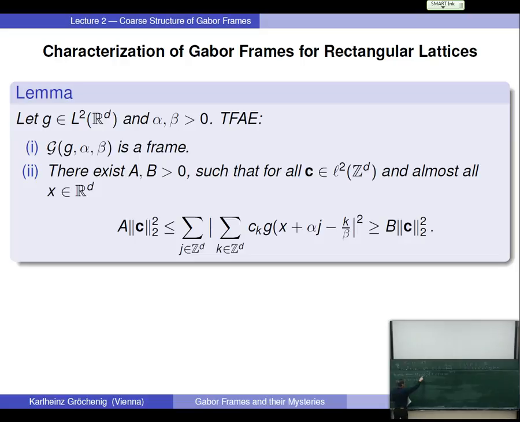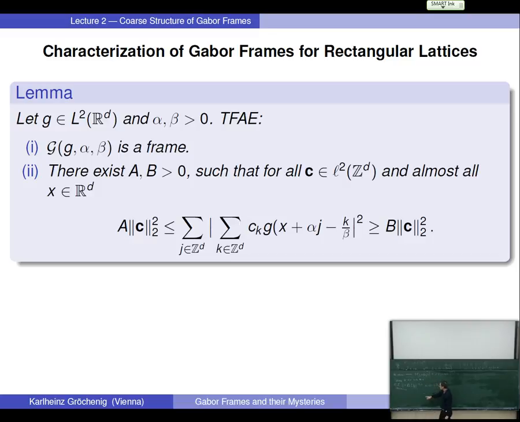So I have to take the terms of the diagonal. I would need that the sum of (1 plus k over beta, l over alpha) to the power negative 2d minus epsilon, over kl not equal 0, is less than or equal to, say, 1 minus delta times the 2 norm of g.